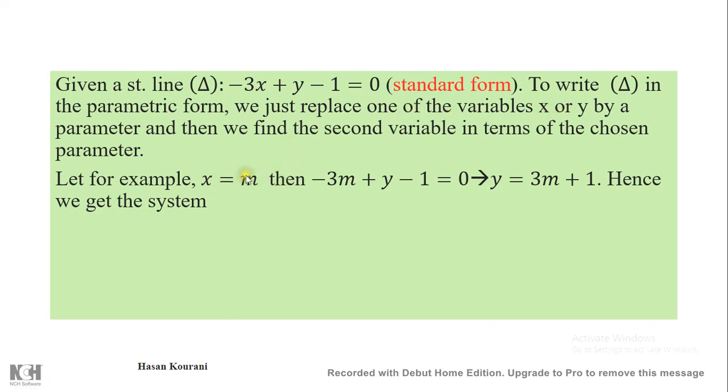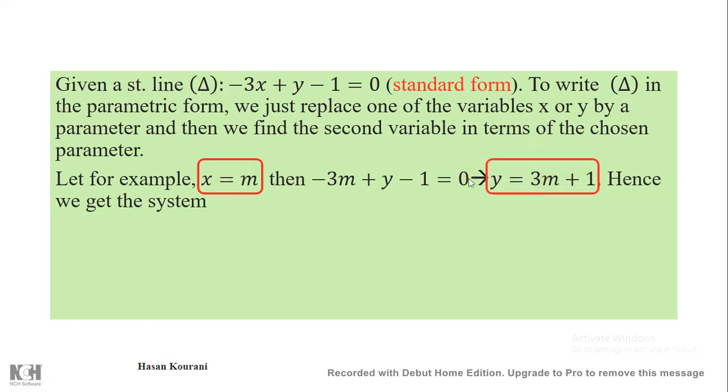Replacing this variable by the chosen parameter, m or t or k, whatever you like, you will get -3m plus y minus 1 equals 0. This gives y equals 3m plus 1. This way, as you see, we get x in terms of the parameter and y also in terms of the same parameter.